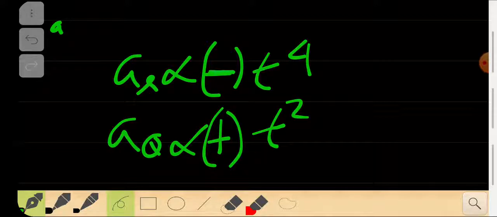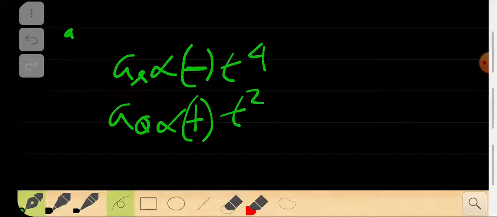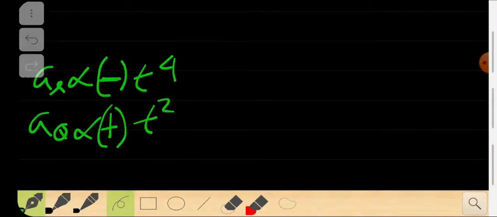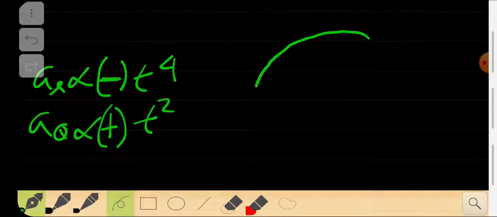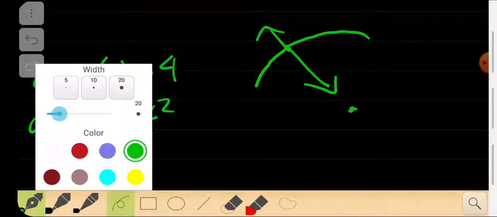So what does this tell us? How is the trajectory going to look like? We need to find that out, right? So AR is going to be decreasing. That means when it is moving like this, the radial component, which is this axis from the center, is actually decreasing.